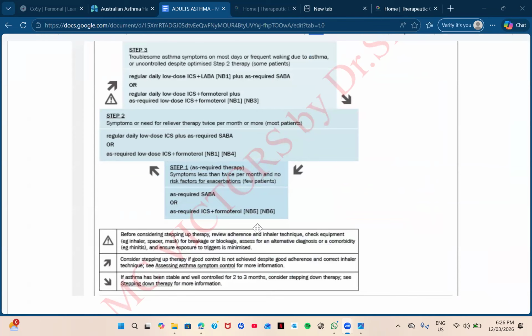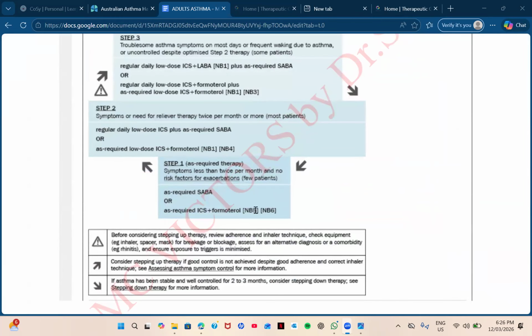When we discussed the theory, I explained that in step one they have mentioned as-required SABA or as-required ICS plus formoterol. But nowadays in Australia, we are not recommending SABA for this. We are just recommending ICS plus formoterol as the initial step, right?